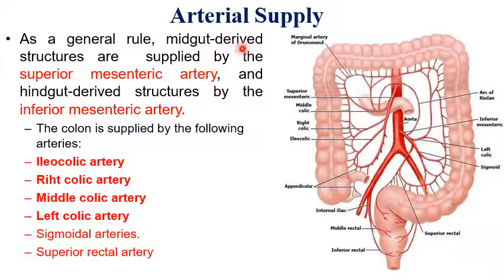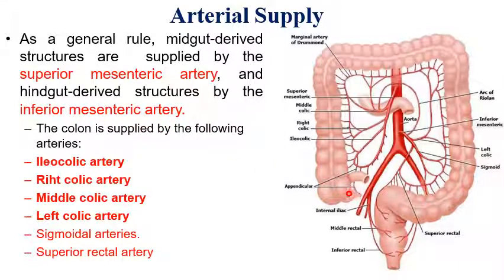Now the arterial supply of colon. As we have studied earlier, the midgut derived structures are supplied by the superior mesenteric artery and its branches, and the hindgut derived structures are supplied by the branches of the inferior mesenteric artery.